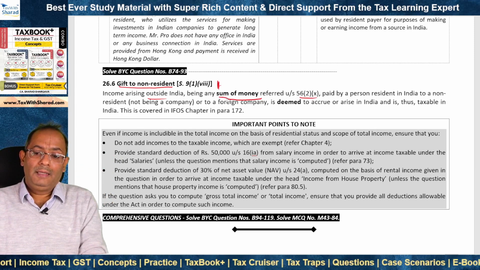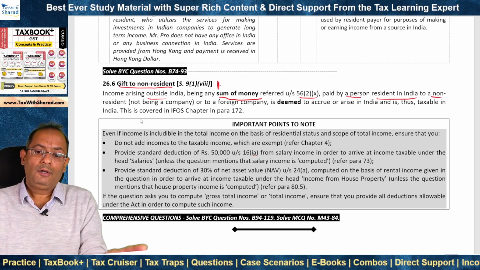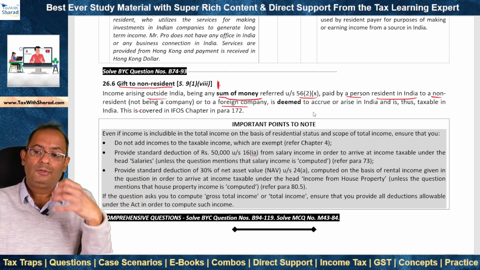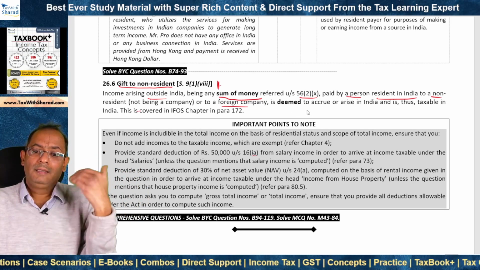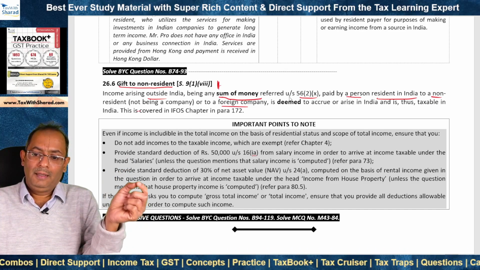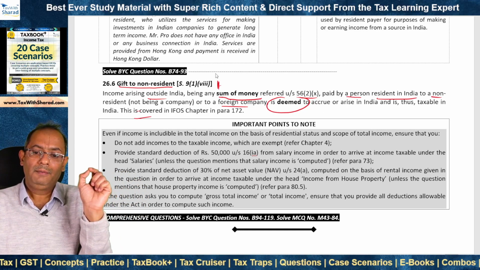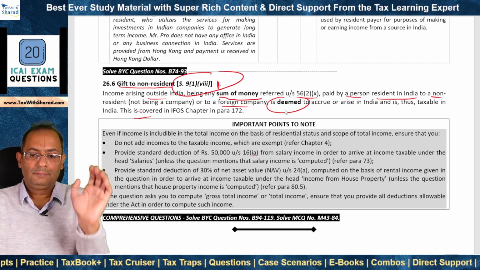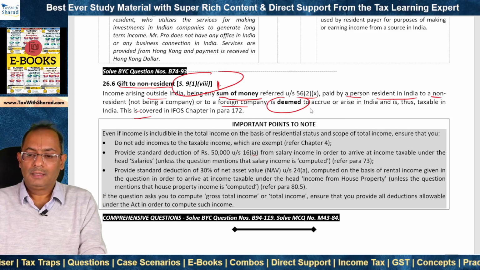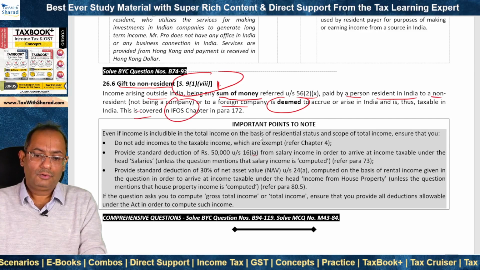There is a sum of money which is paid by a person resident in India to a non-resident or to a foreign company, right? So a resident is gifting a sum of money to a non-resident. Then it is deemed to accrue or arise in India and it is thus taxable in India by virtue of this particular provision. So this is something that we will talk about while we discuss the gift provisions in the chapter on income from other sources.